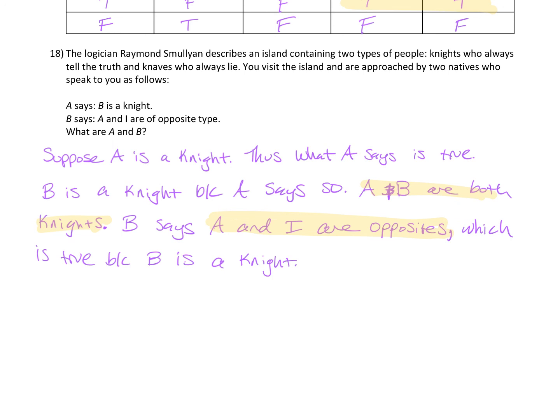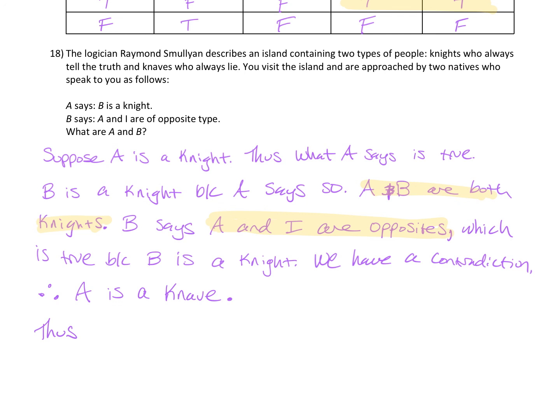So we have a contradiction. Therefore, A is a knave. It must be that A is a knave. Which means B is a knave because A lies.